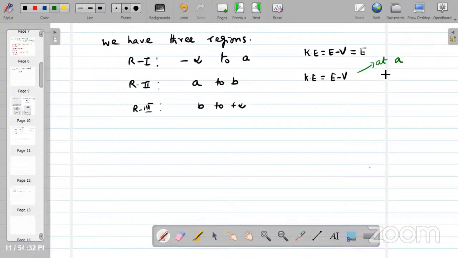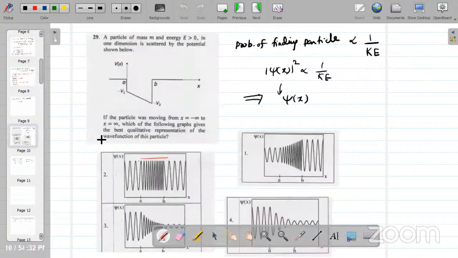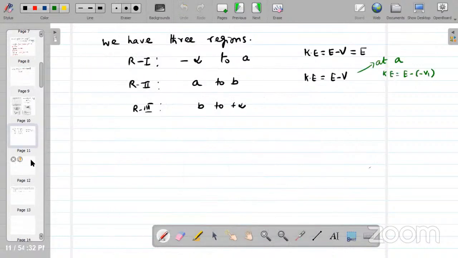At A, the kinetic energy will be E minus V1. Please look at the problem: it is a minus V1. So E minus minus V1, so it will be E plus V1. Then at B, the kinetic energy will be E minus minus V2, which is E plus V2.